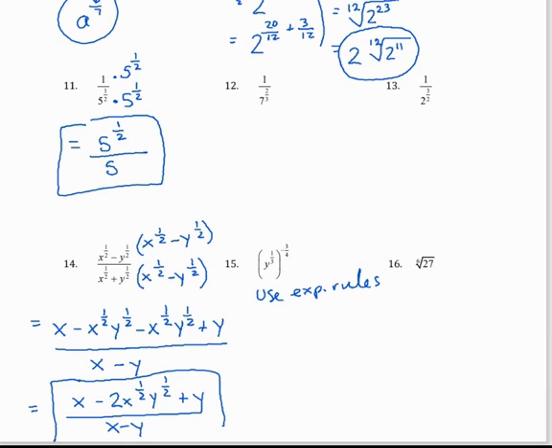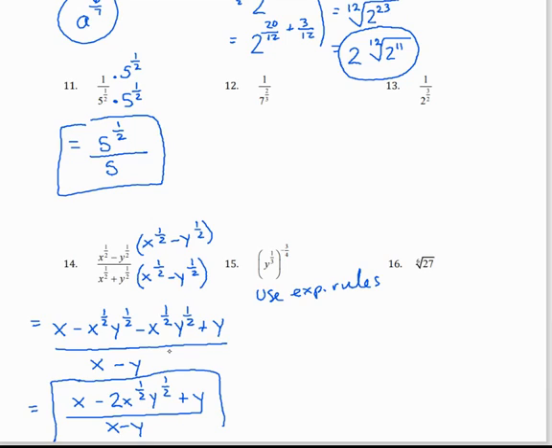So number 16 says the 6th root of 27. Well, is 27 like a perfect 6th power? Is there something times something times something times something times something times something that gives me 27? No, there's not. So for this problem, I do see that 27 is a perfect cube.